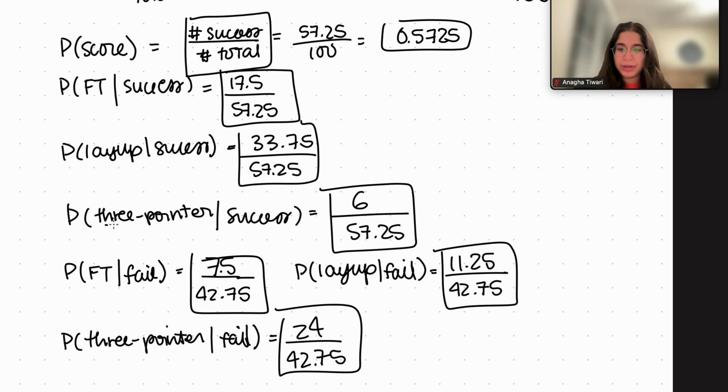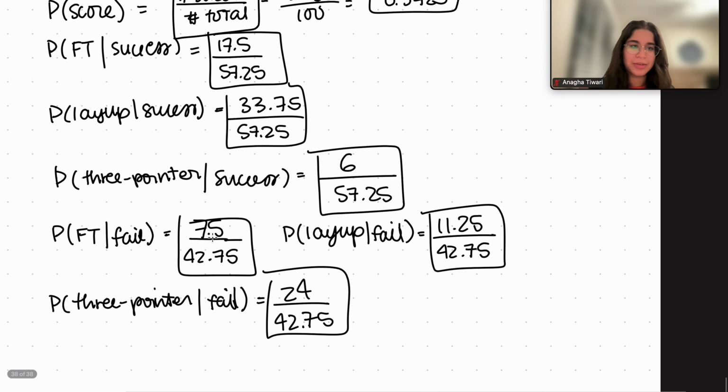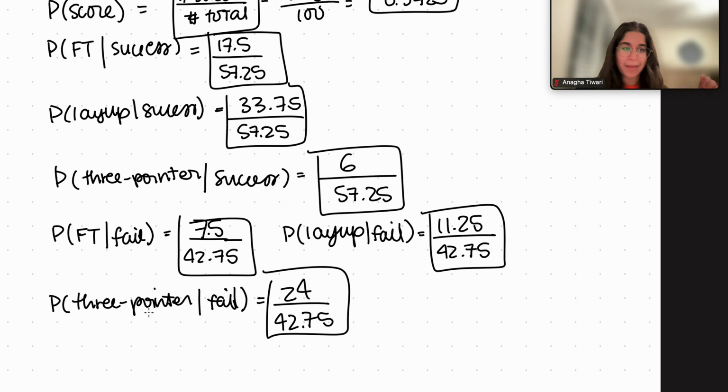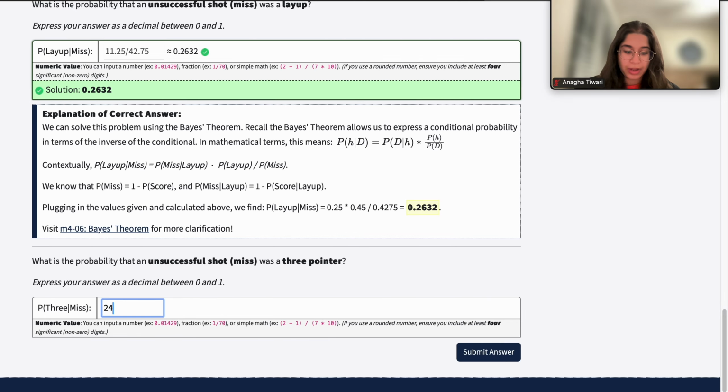If my probability of a three-pointer given success was an arbitrarily high value, well, you know that either the table's messed up or your math is messed up, because that doesn't really make sense here. Especially if this number is greater than the three-pointer given a failure, because we know that failures for three-pointers happen much more. So our final probability is 24 divided by 42.75.